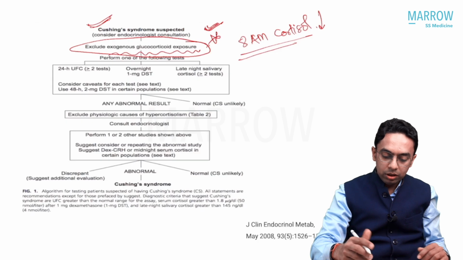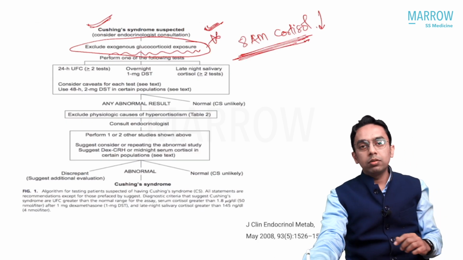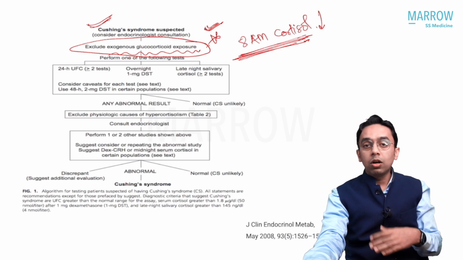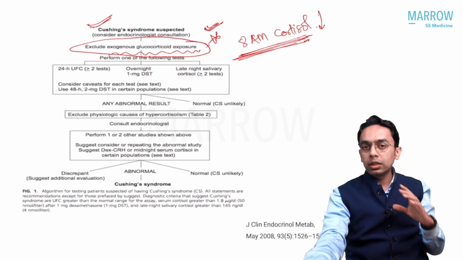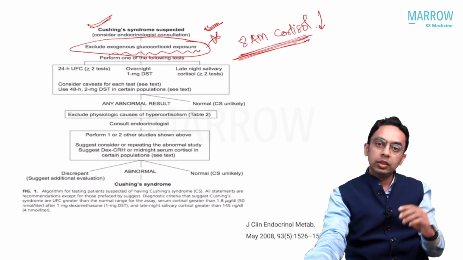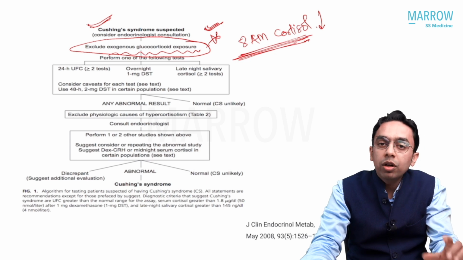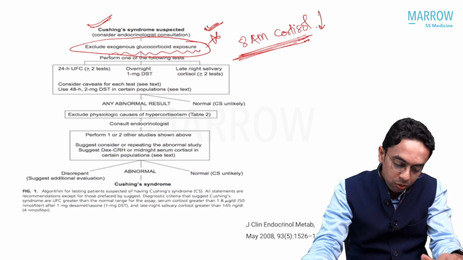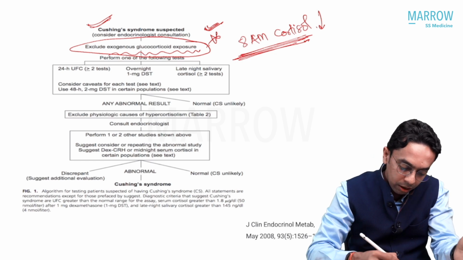Okay, so the first important thing is the 8 am cortisol, and once this is normal or high, just by the 8 am cortisol value, you cannot say that this patient has Cushing's. This is to rule out exogenous Cushing's. Then you perform a screening test, where any 2 of the 3 tests are needed.